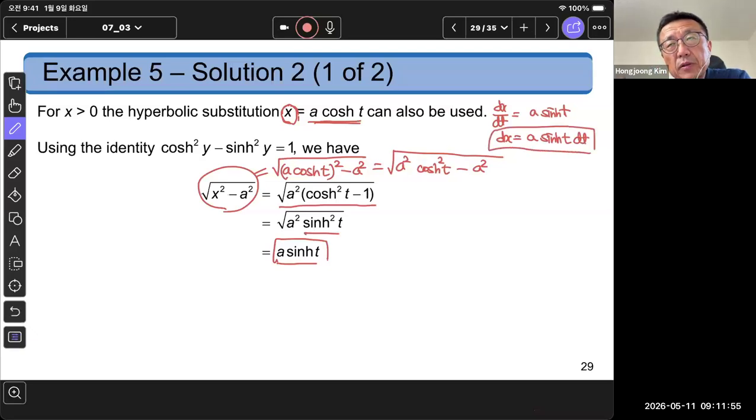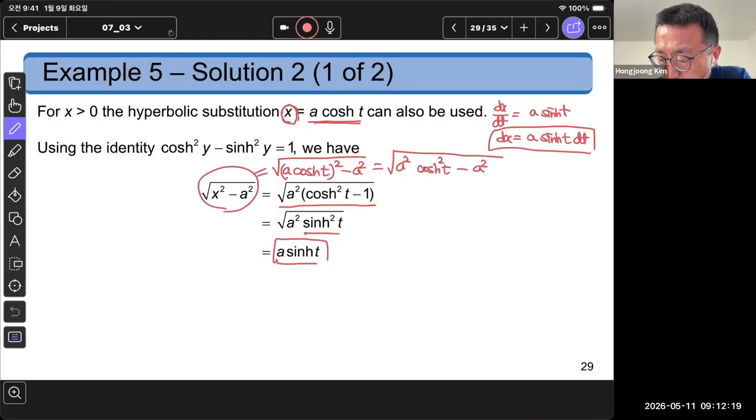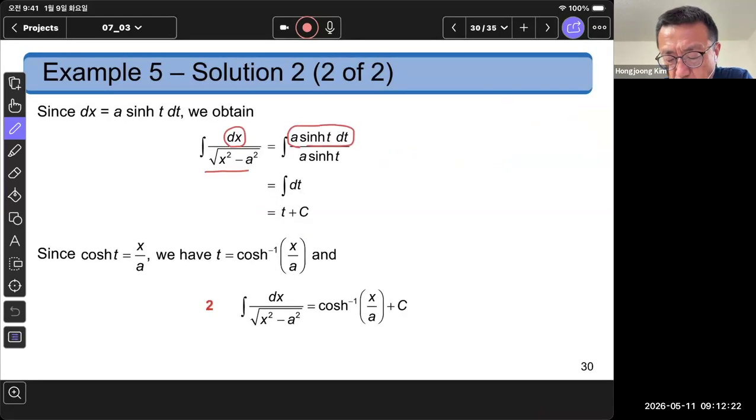So that corresponds to dx, and the square root of x squared minus a squared corresponds to a hyperbolic sine t. So if I integrate this term, then dx will be replaced by a hyperbolic sine t dt. And the square root of x squared minus a squared will be a hyperbolic sine t.